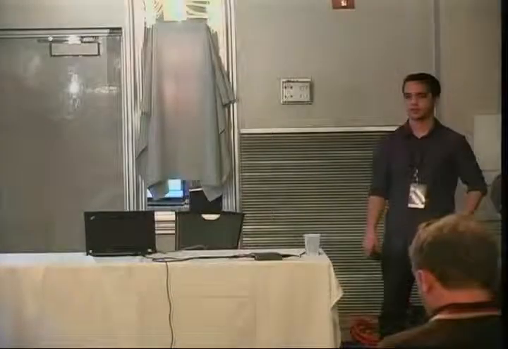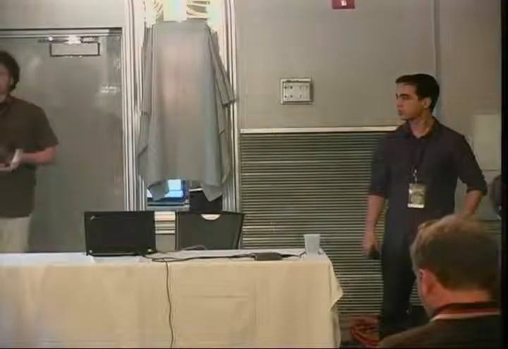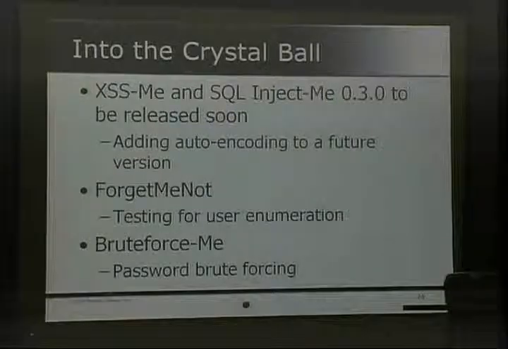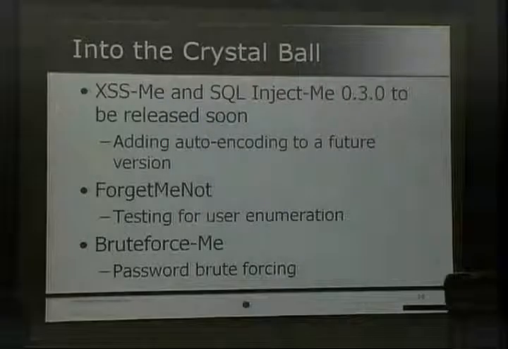But we're also going to do a few other tools like Forget Me Not, using forgot password fields to try and do user enumeration. And then something like Brute Force Me, a simple Firefox plugin to try and brute force people's passwords once you know what they are. So we have a few tools in this exploit me range that we want to create as Firefox plugins to help people pen test their apps during development.